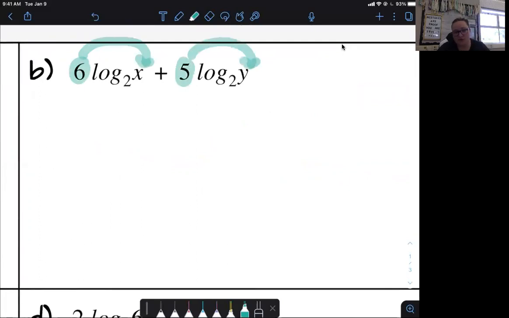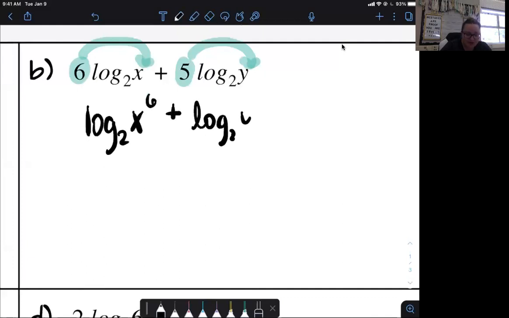I'll show you what that looks like for the first one, and then I want you to finish the problem on your own. So this would become the log base 2 of x to the 6th plus log base 2 of y to the, and then you're going to use the product property again and combine these into one log. So go ahead and give this a shot. What do you get when you simplify this into one log?